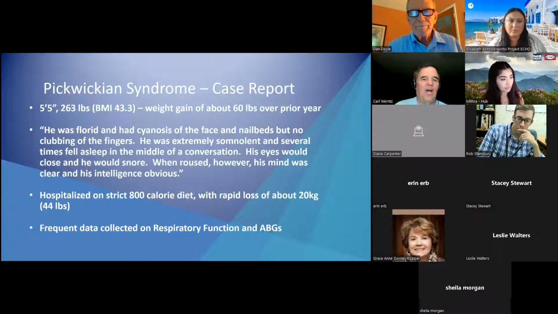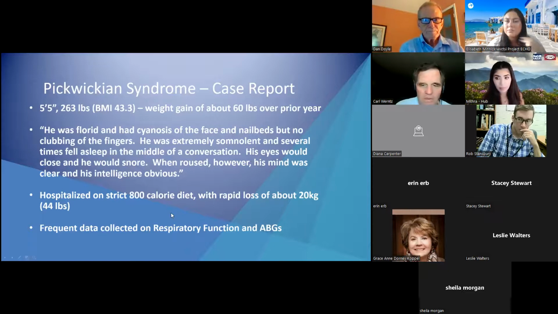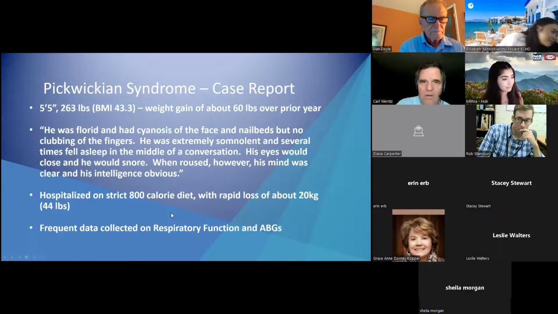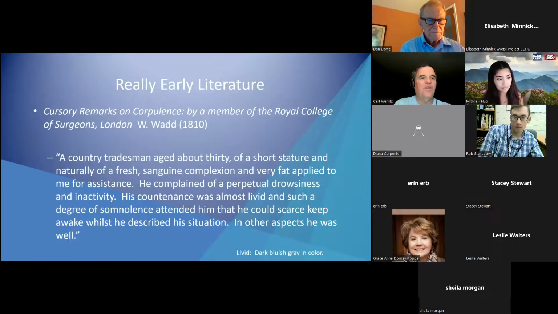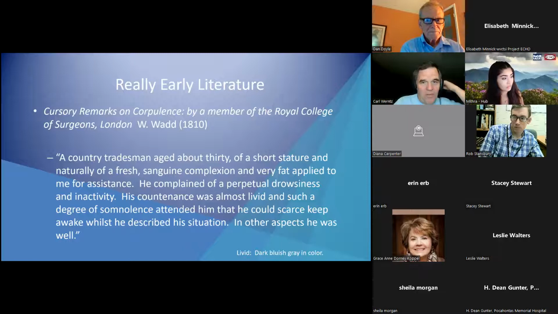But wait, let me go back for a second, because this gets a little bit confusing. Let's see if I can get my computer to be cooperative. There we go. In 1810 there was no testing for anything, right? So the 1810 story would have only been an autopsy, but they just described the condition.